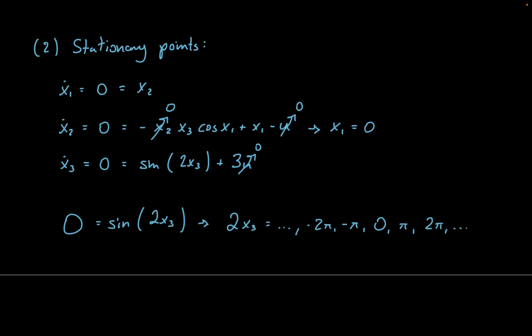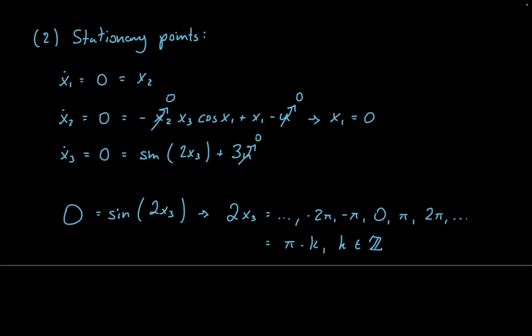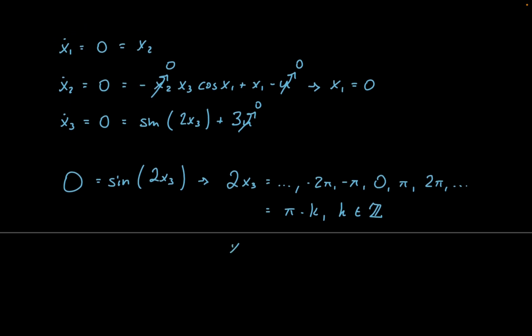So we'll say that 2 times x3 is equal to pi times k, where k is some integer value. k could be 0, it could be 1, it could be negative 4, it could be 5,000, whatever it may be. We'll set that equal to k to account for all the instances of that potential fixed point. But since we have 2 times x3, we have to divide by 2, so x3 is equal to pi divided by 2 times k, where k is some integer value.